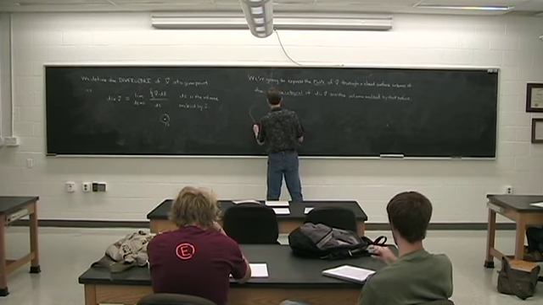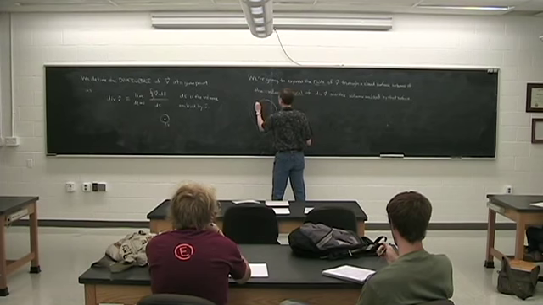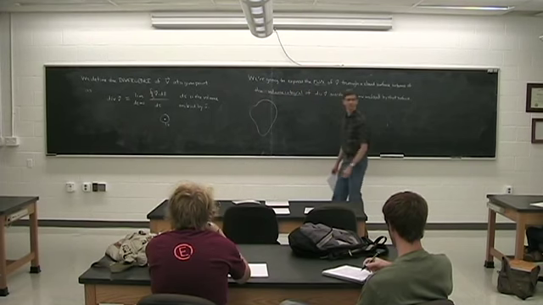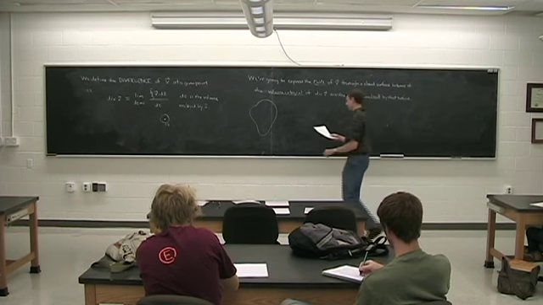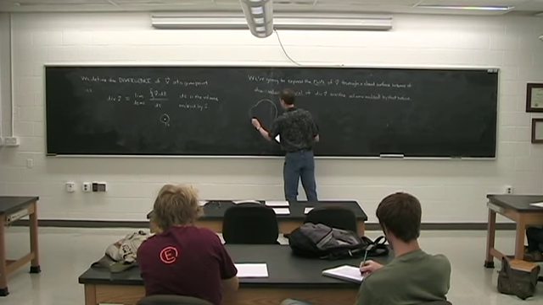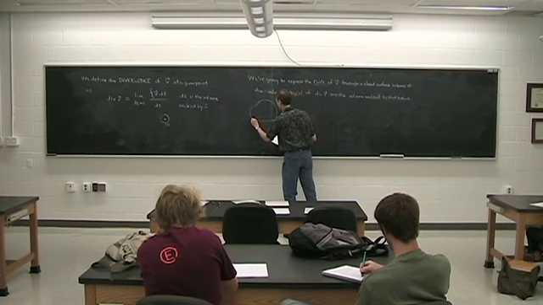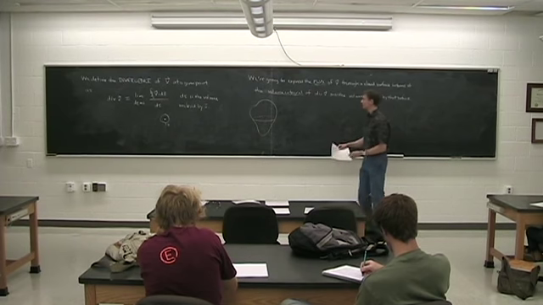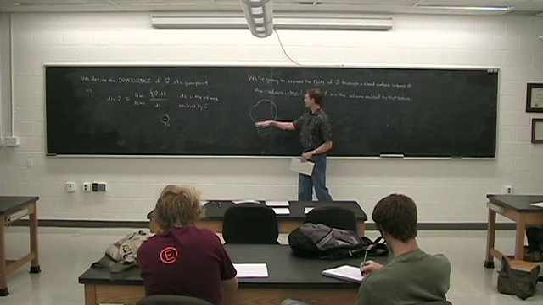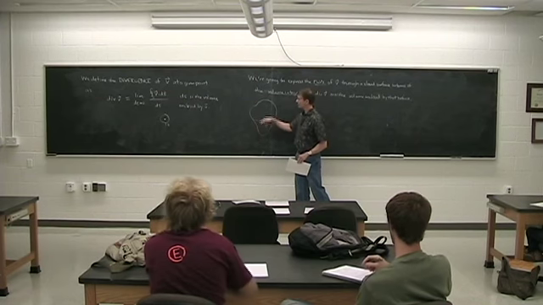And the way we're going to do that is we'll take some arbitrary volume and divide it in two. So here's some volume, and then I just make another surface inside of it that divides that volume in two.